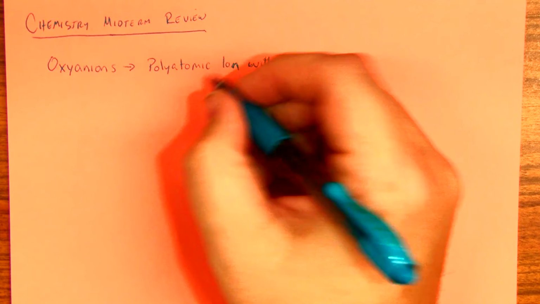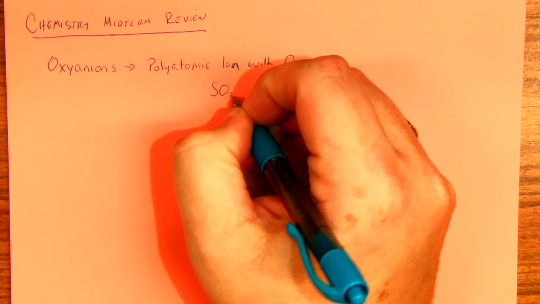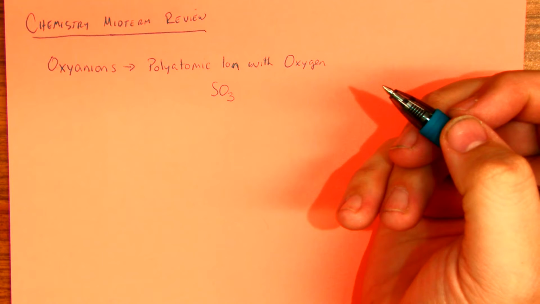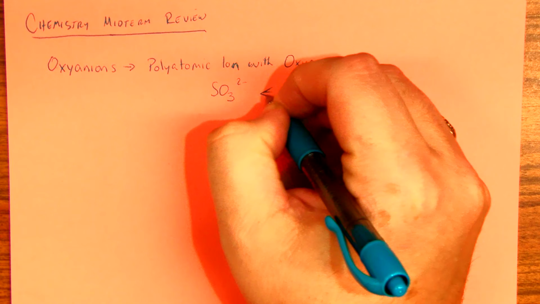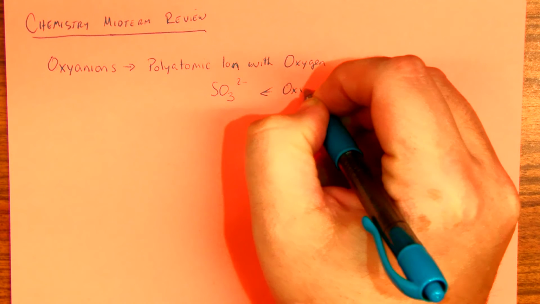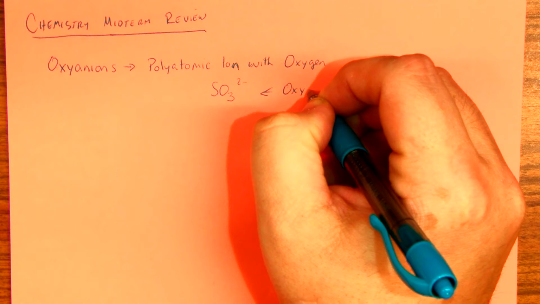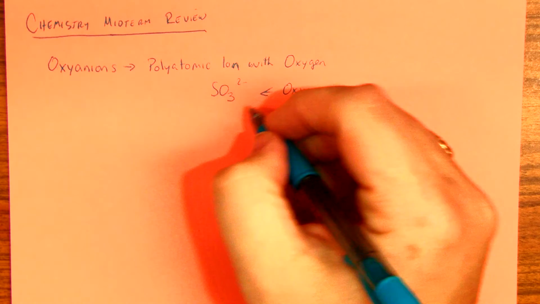So if you see something like SO3, which I believe is 2 minus, this is considered an oxyanion because it has the oxygen in there.